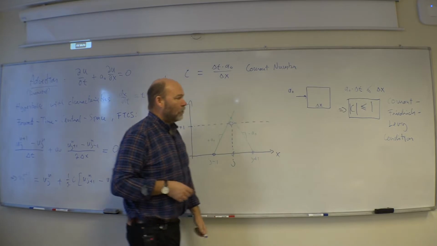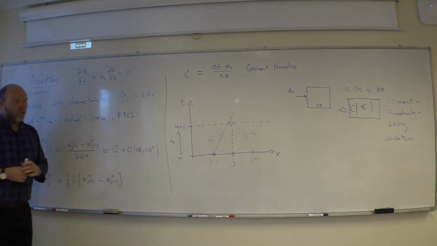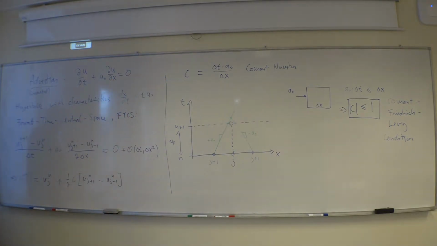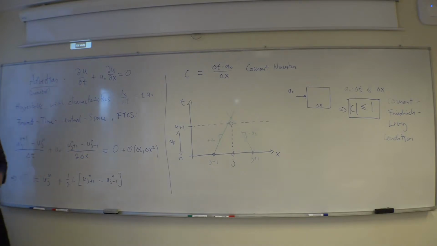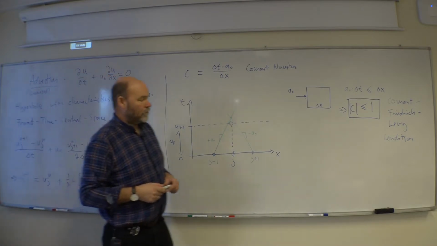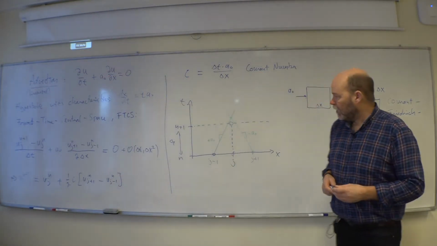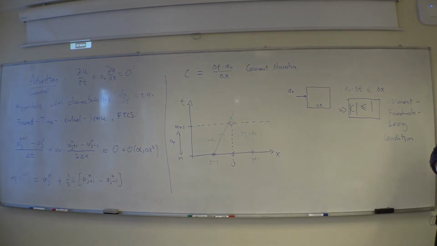You should not go further than one cell length during one single time step, because my discretization scheme doesn't cover that. I don't have j plus 2 or j minus 2 here. So you have to limit yourself to one single time step, and look only at the closest neighbors.